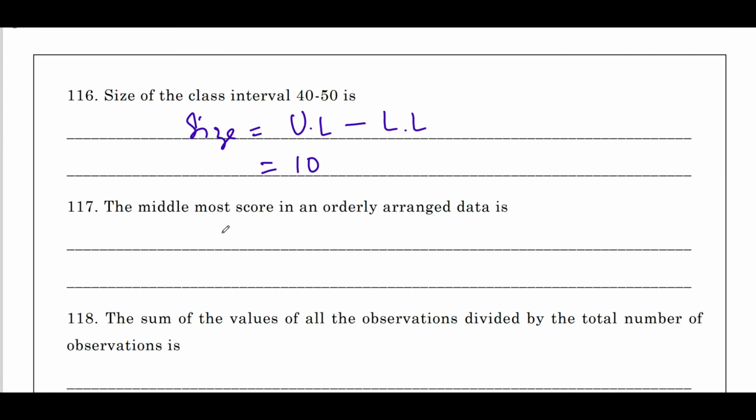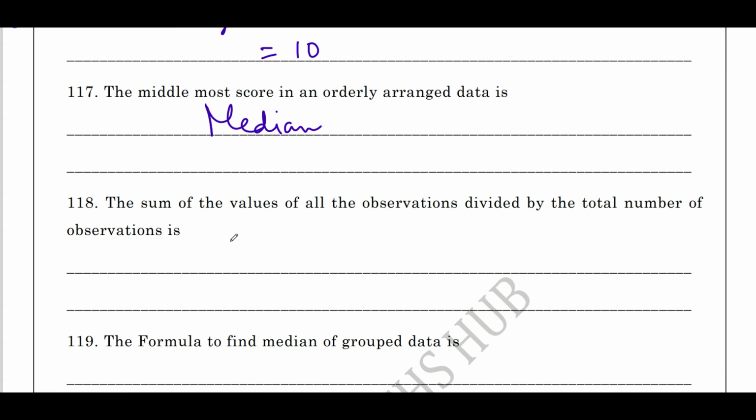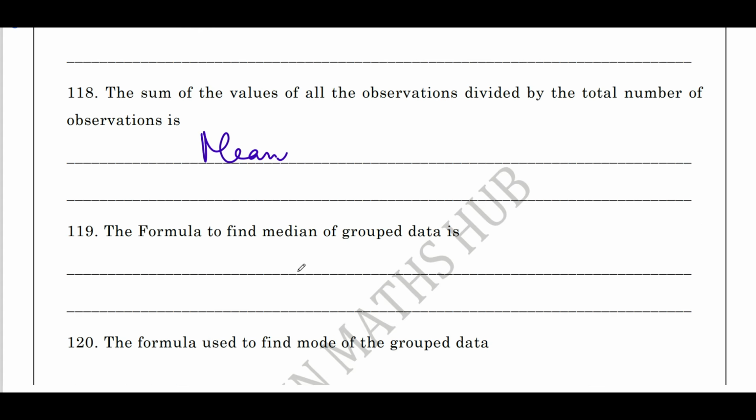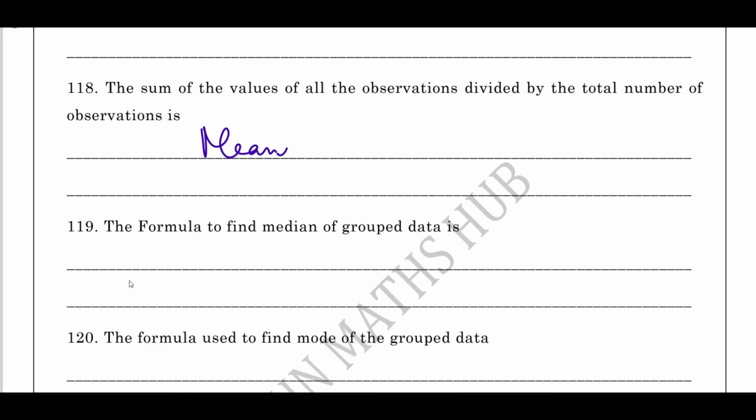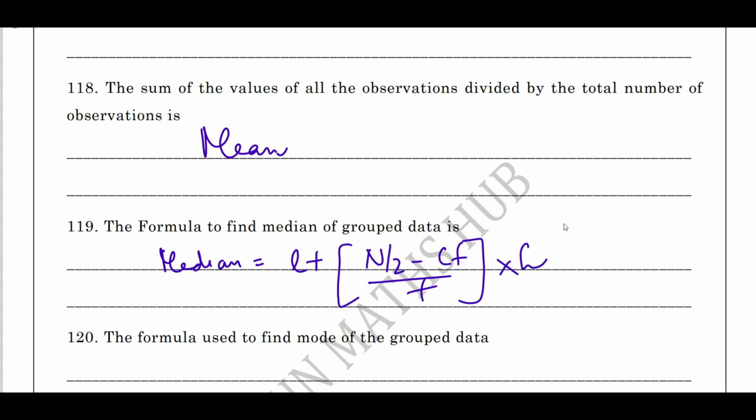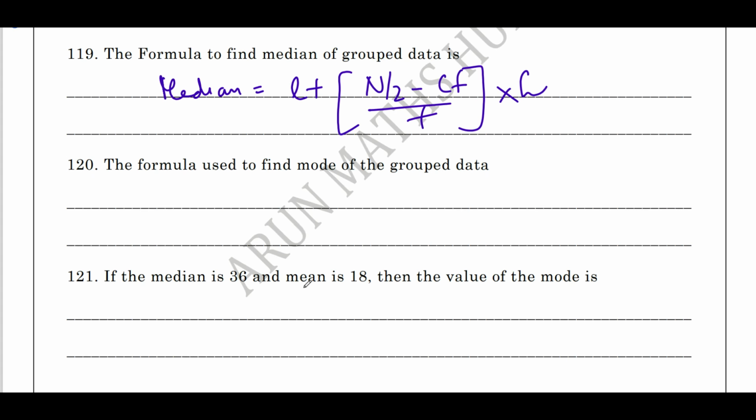The middlemost score in an orderly arrangement is, again, the median. The sum of all the observations divided by the total number of observations is the mean of the data. The formula to find out the median of grouped data is median equals L plus n by 2 minus CF by f into h.